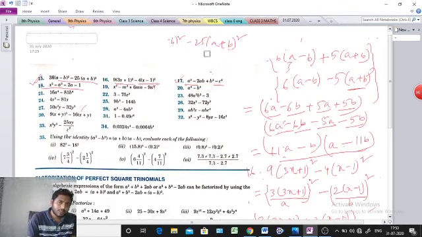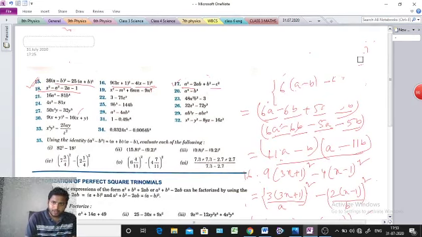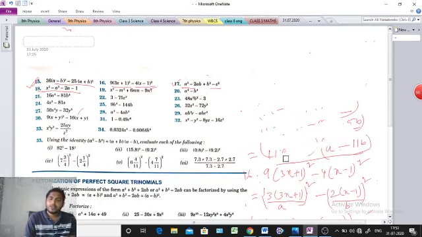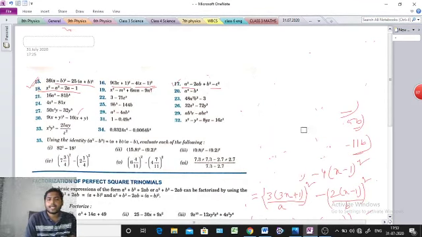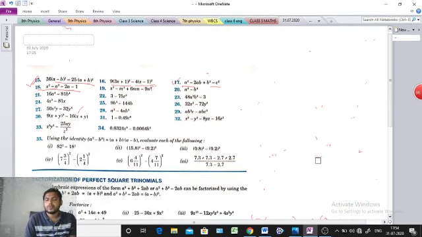Find out the given formula at first. You will get one important formula, like in question number 17. So you try, otherwise I will help you.